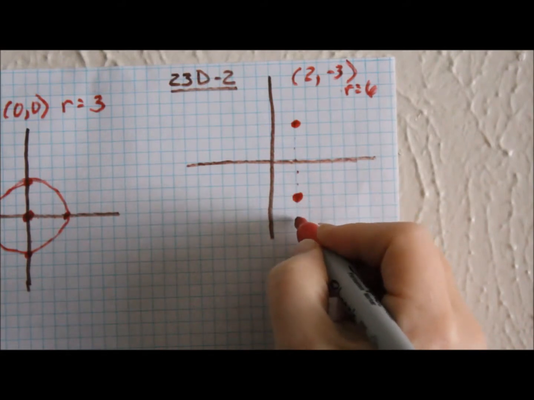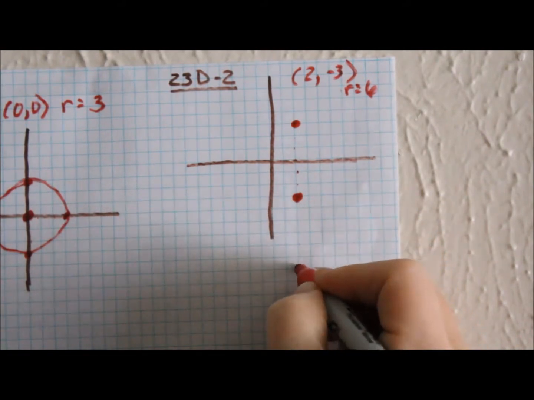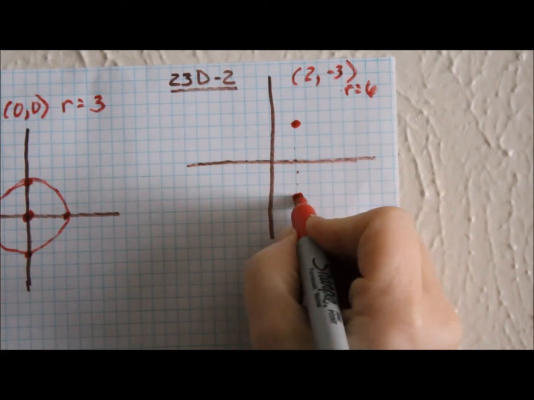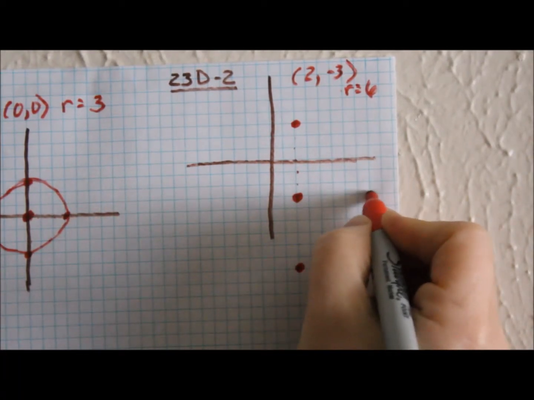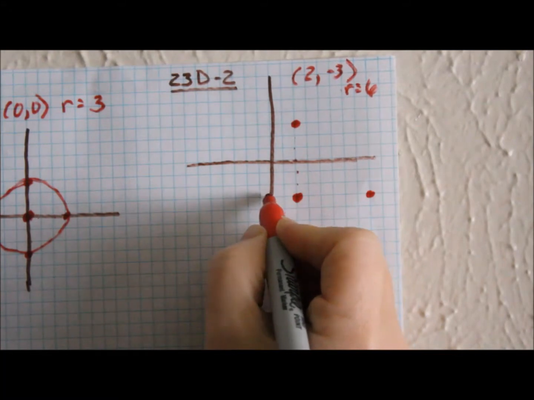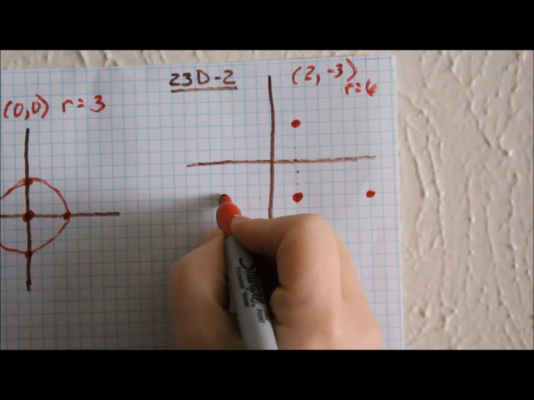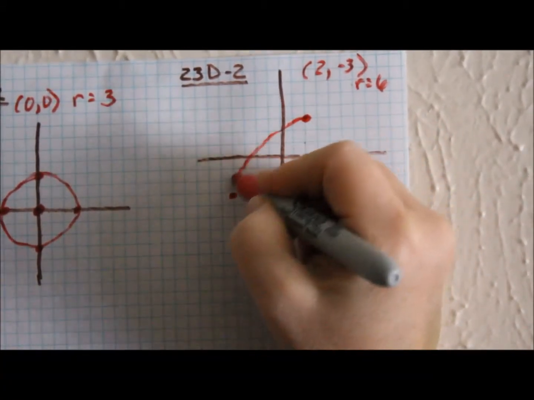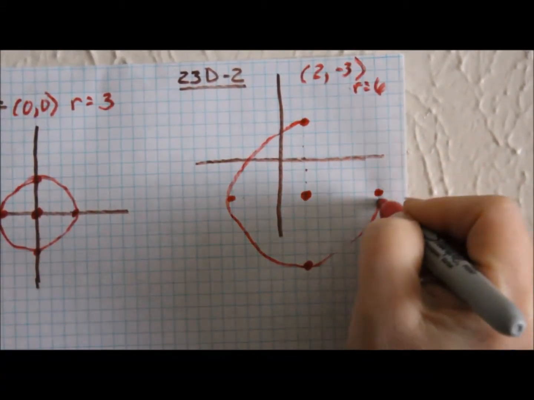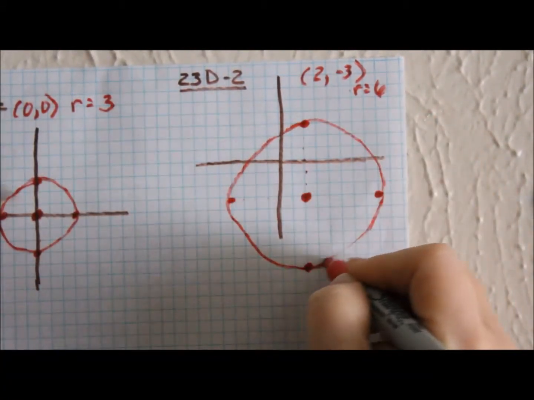Count down, 1, 2, 3, 4, 5, 6. Go straight to the right 6, 1, 2, 3, 4, 5, 6. And then straight left 6, 1, 2, 3, 4, 5, 6. And then you can do the best you can of drawing your circle. Sometimes mine look more like diamonds.